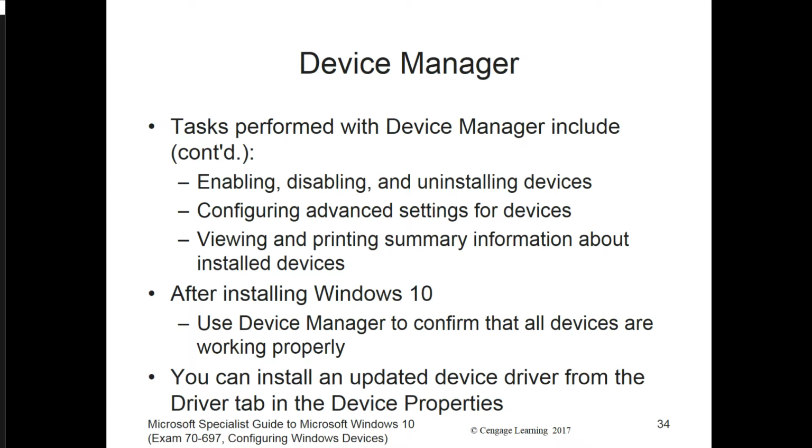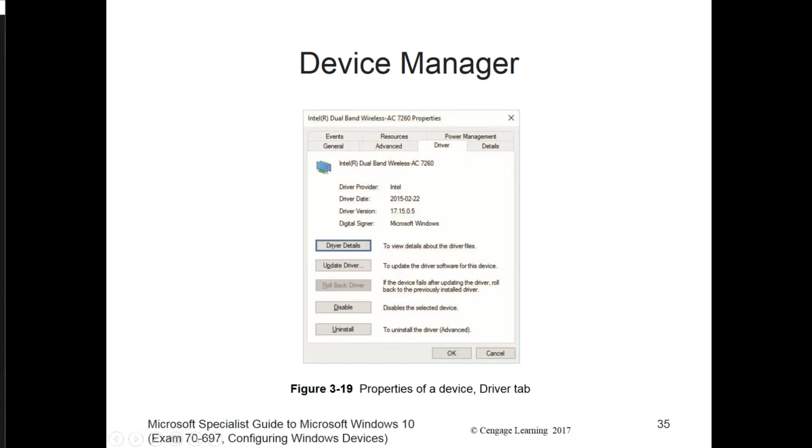So after installing Windows 10, use Device Manager to confirm that all devices are working properly. You can install an updated device driver from the Driver tab in the device properties. So when we go into, here's a wireless device, and it says the name of it, where the driver came from, the date the driver was created, the version of it, what its digital signature or signer is: Microsoft Windows.